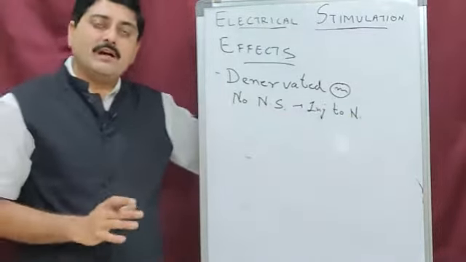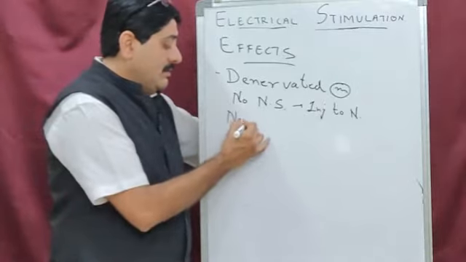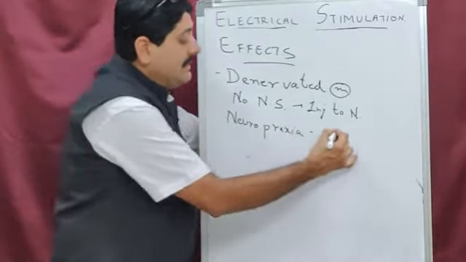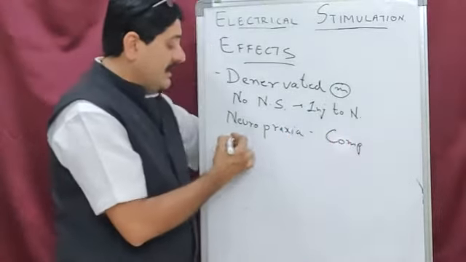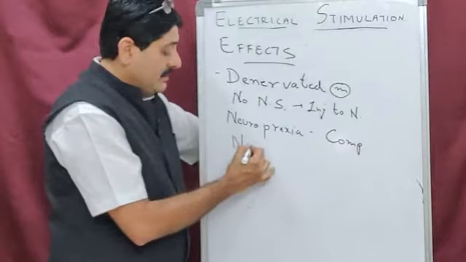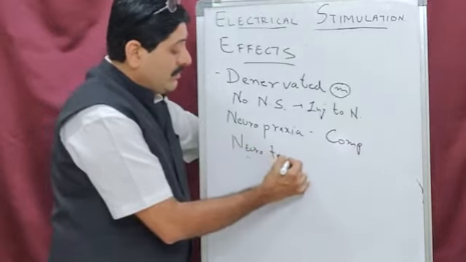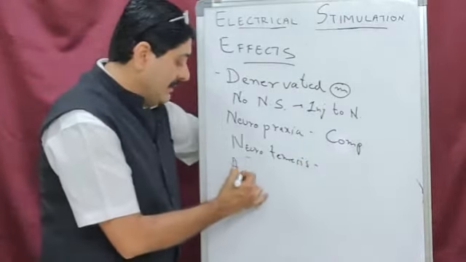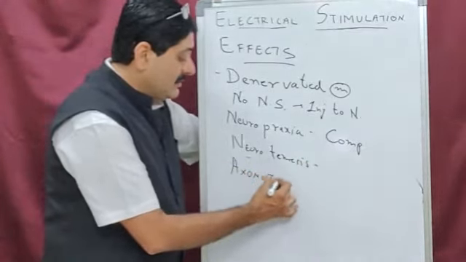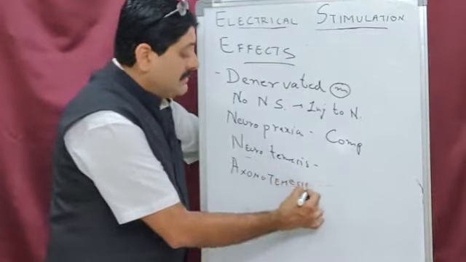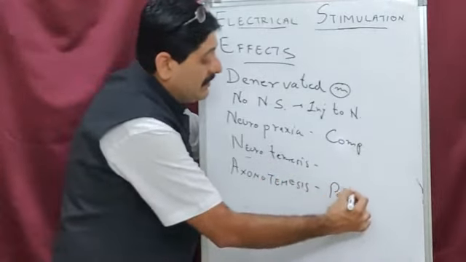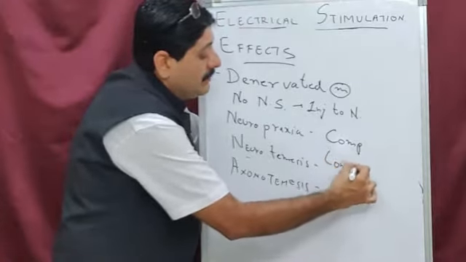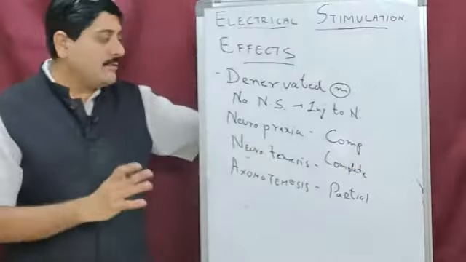It can be a neuropraxia, that is compression. It can be a neurotmesis, that is complete cut, and it can be an axonotmesis, that is partial. Okay. So there are these types of injuries that can happen.